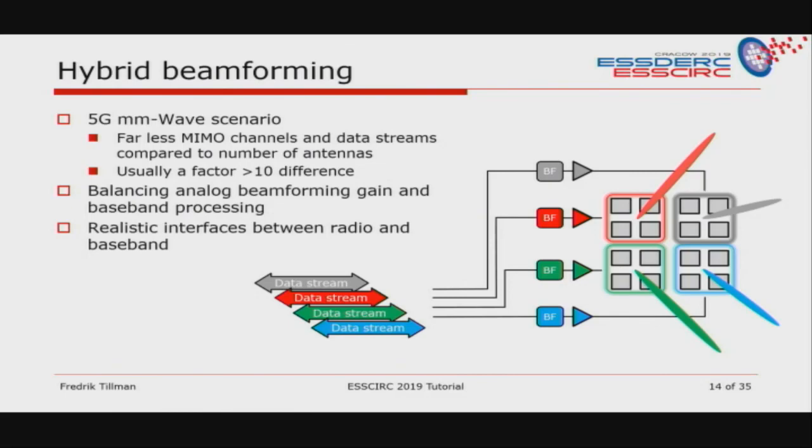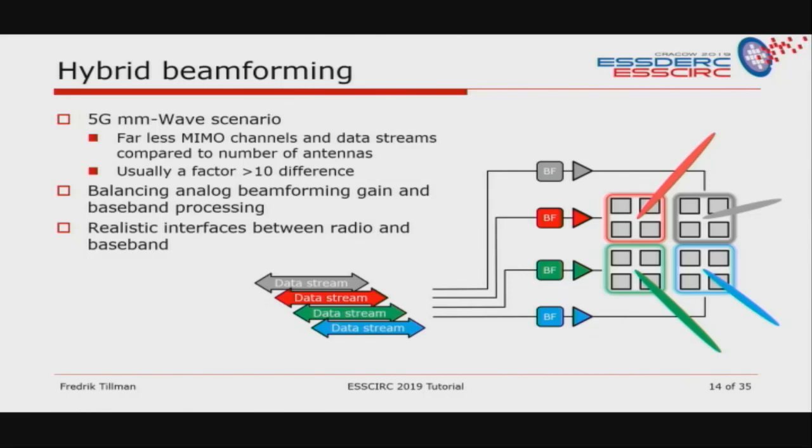Each subarray can be viewed as an analog entity where you can deploy analog beamforming. But when you combine the different subarrays, you have different data going to the different subarrays, and therefore you have the digital beamforming approach. So it's a combination of the two different extremes, you might say.